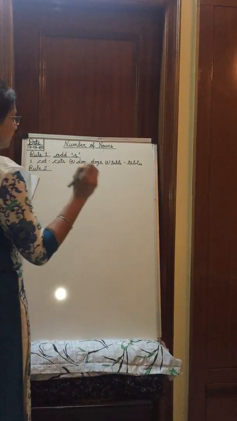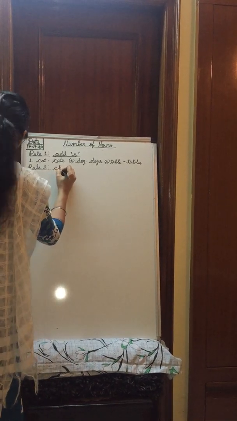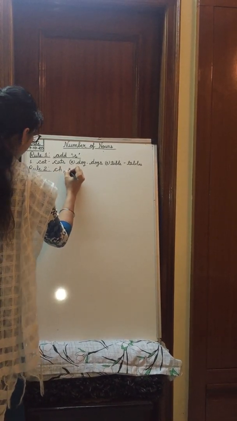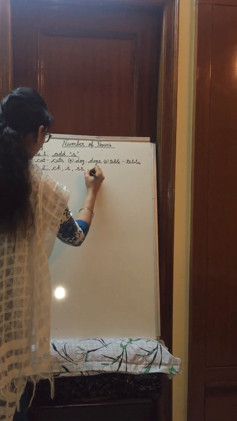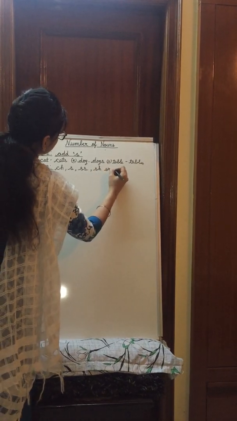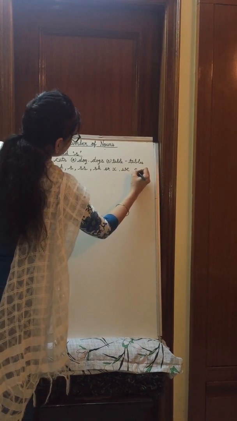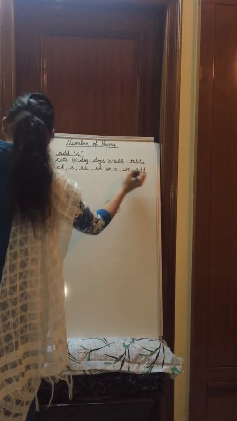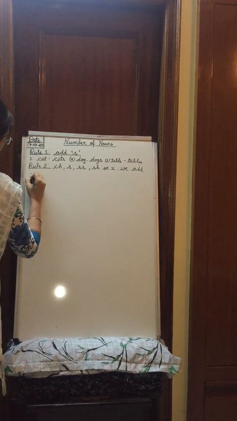For example, if a noun ends with ch, s, ss, sh or x, we add es.